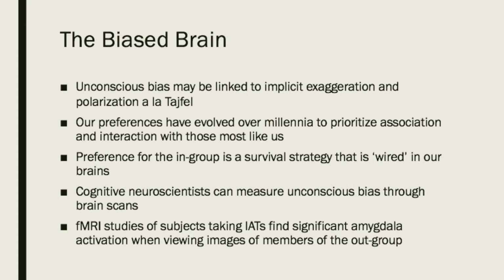The amygdala is the part of the brain where the fear response is located. When we are afraid, it activates. Neuroscientists have imaged the brain whilst subjects are taking an implicit association test. When, for example, a white person sees a white face, there is no amygdala activation. There is no fear.